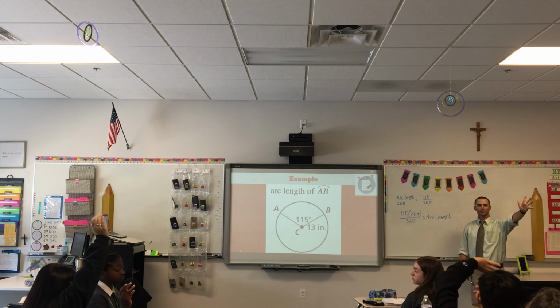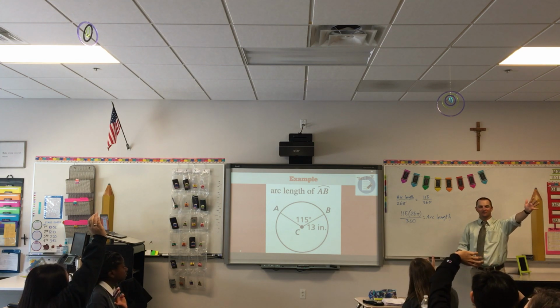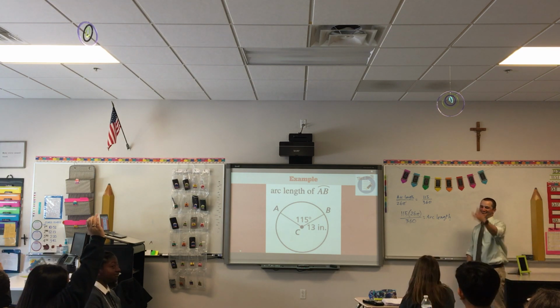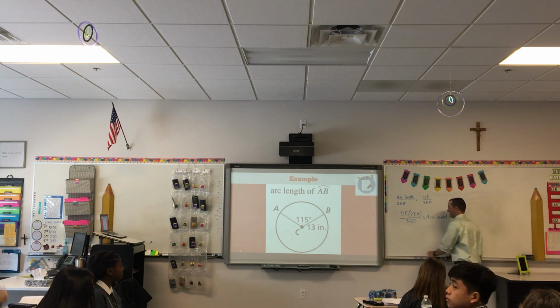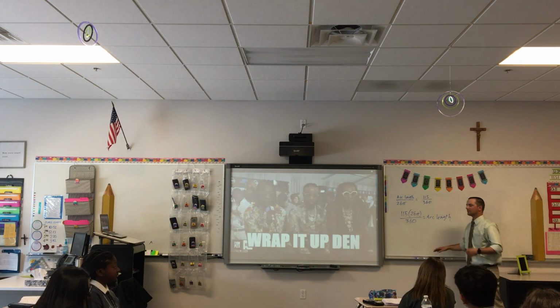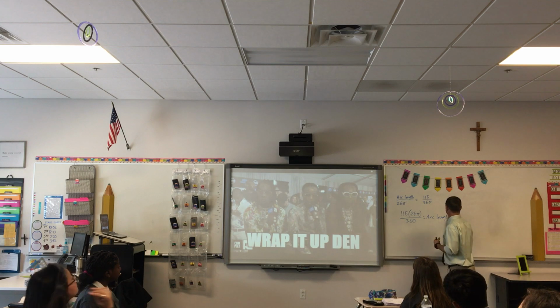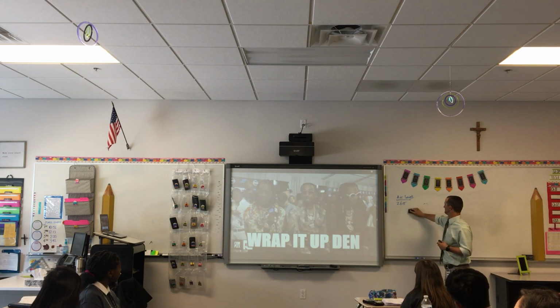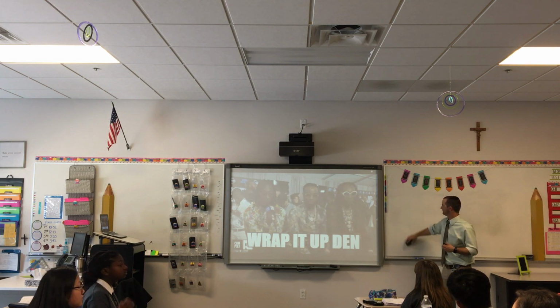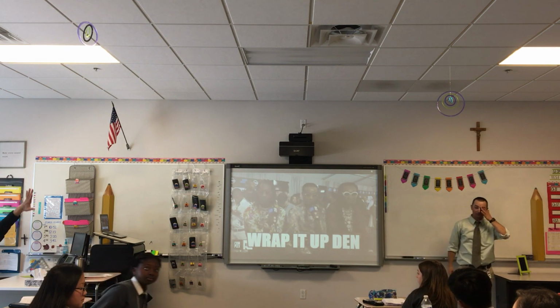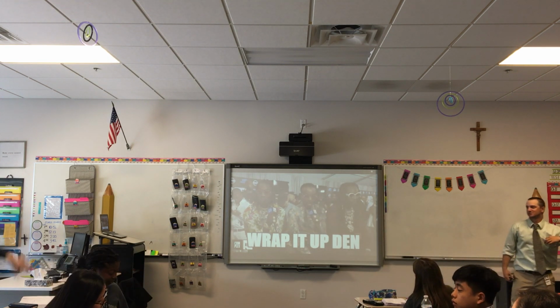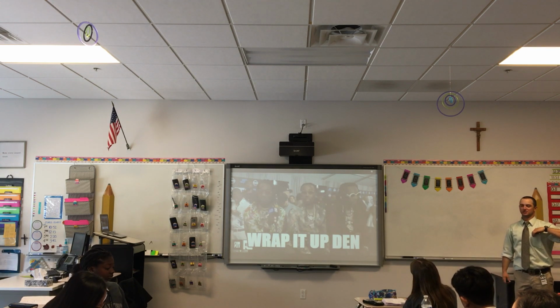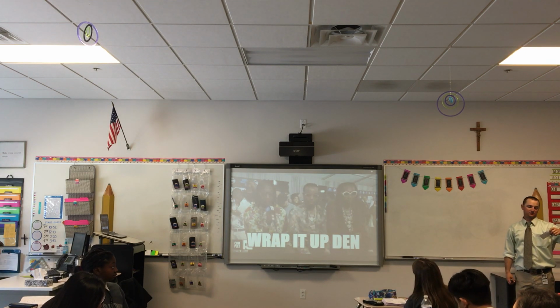Maybe a 3.1415. Alright, not too bad. Are we going to have to remember all these formulas for the test? Probably not. This is a lot to remember. That was a 5. You're changing your answer.